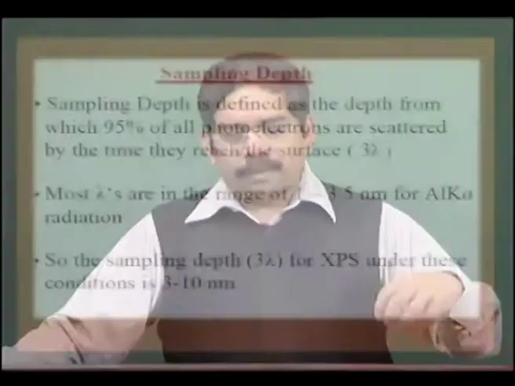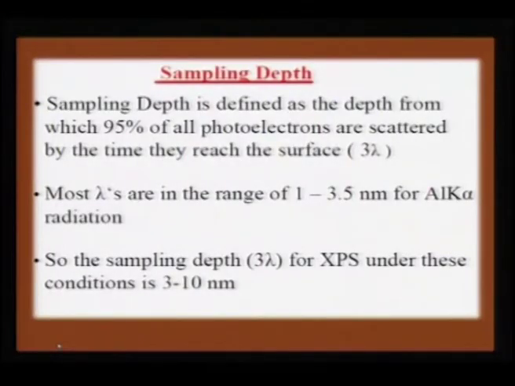One more thing that we need to understand, why this is a surface technique, is because of the sampling depth that is involved. The sampling depth is actually defined as the depth from which 95% of all photoelectrons are scattered by the time they reach the surface. So, when electrons are ejected, the distance it travels by the time 95% of the photoelectrons can be scattered is the sampling depth, and that is of the order of 3 lambda.